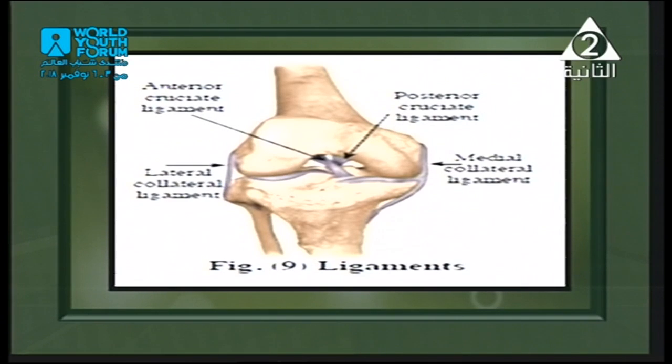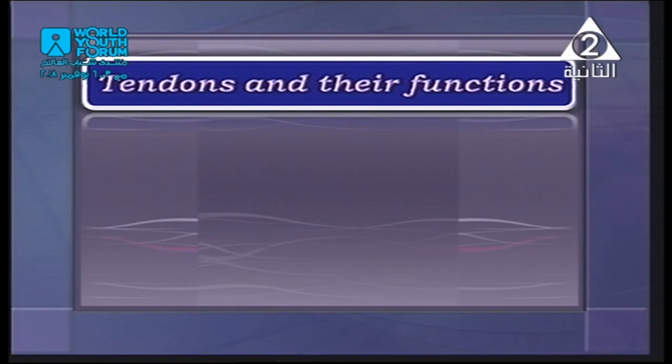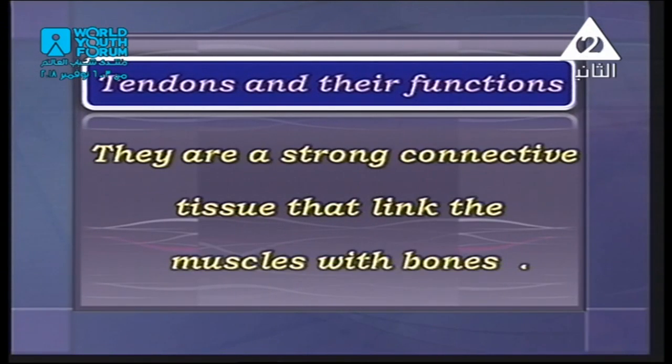After that we have something called tendons. Tendons are very important in your curriculum. They are strong connective tissue that links the muscle with the bone. What does it mean? As we said, when two bones meet each other, they form a joint for articulation.